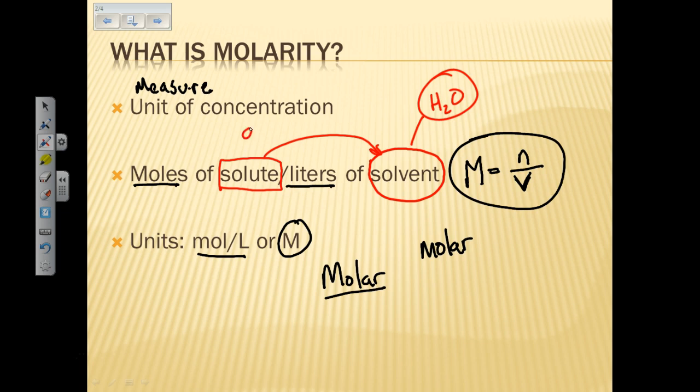It could be a gas. In the example of soda, the solute is carbon dioxide.